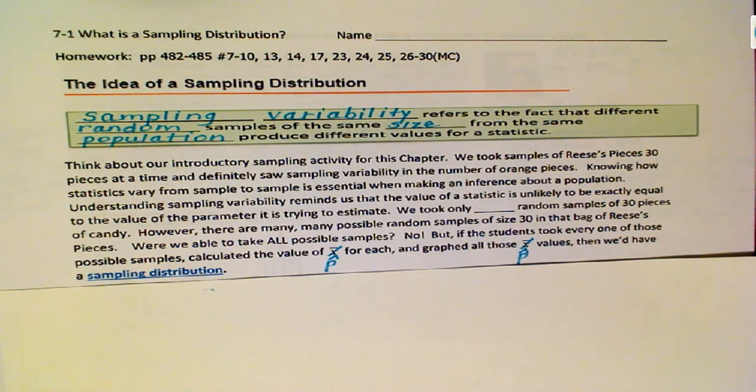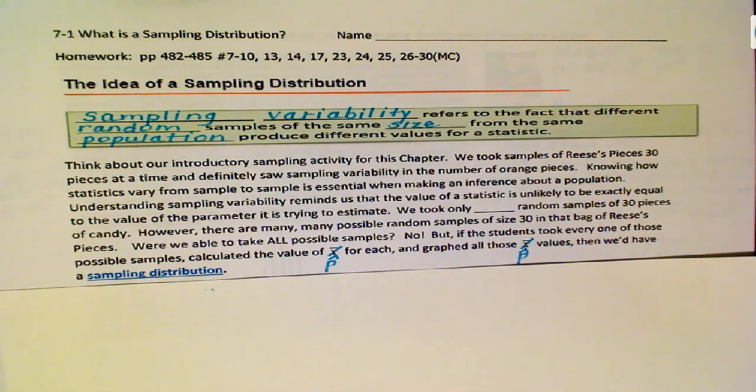In one of my classes, we took 11 random samples of 30 pieces of candy. However, there are many, many possible random samples of size 30 in that big bag of Reese's Pieces that I had. Were we able to take all possible samples?